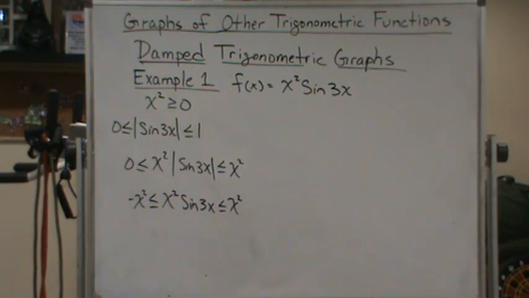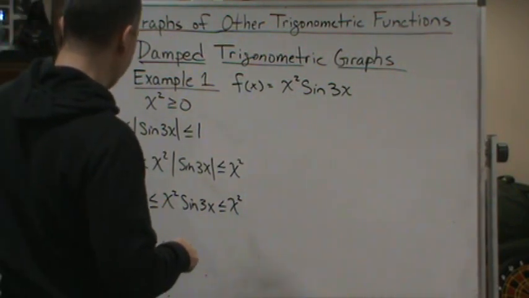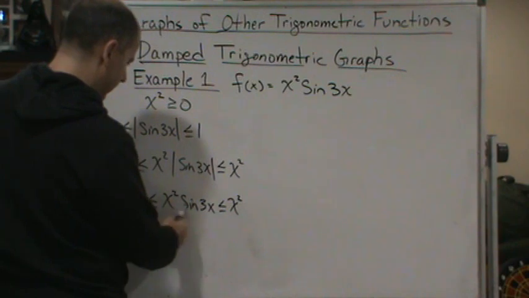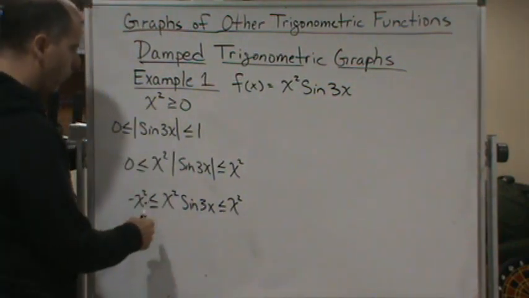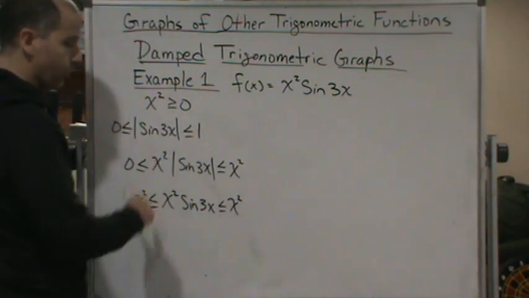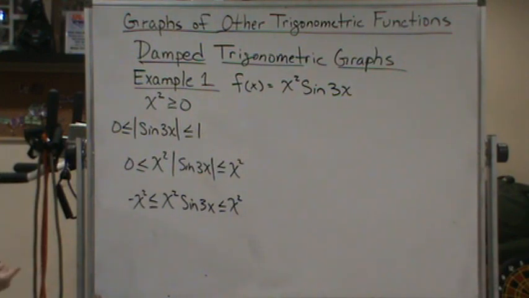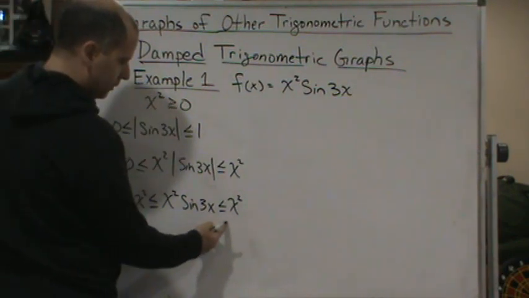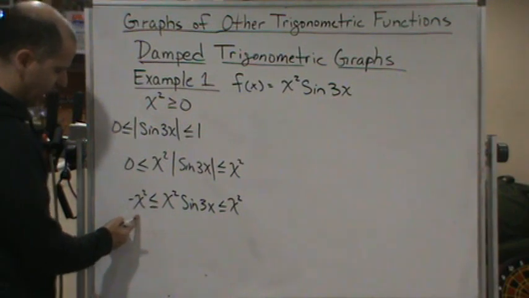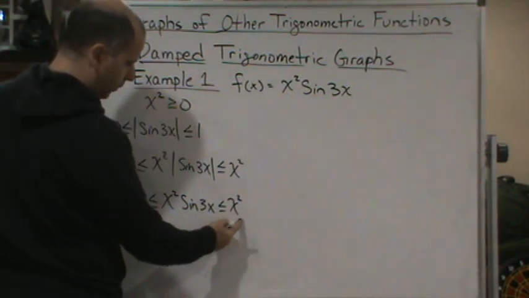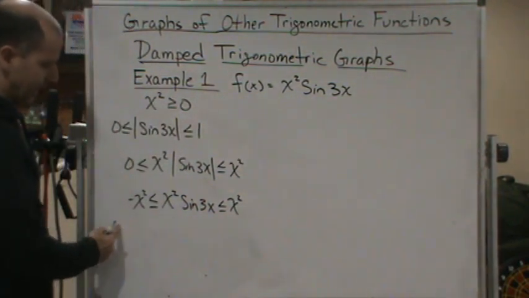Now, what else can we say? Well, we know it's going to bounce between these two. We know what kind of graph x squared is. It's a parabola. This is an upward parabola, and this is a downward parabola. So this parabola opens upward, and this one opens downward.